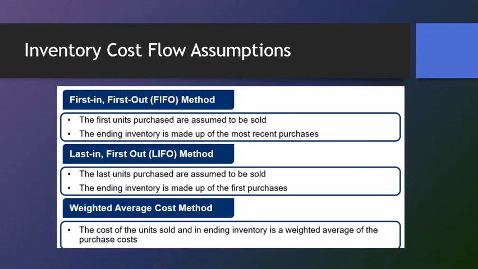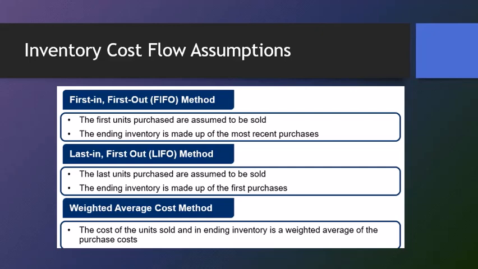Now, in your reading this week, you're going to learn about different inventory cost flow assumptions. The one thing that I would really like to point out here is that we are just focusing on cost flow. Sometimes folks will get a little confused and think that cost flow has to match physical flow of inventory, okay? And it does not.